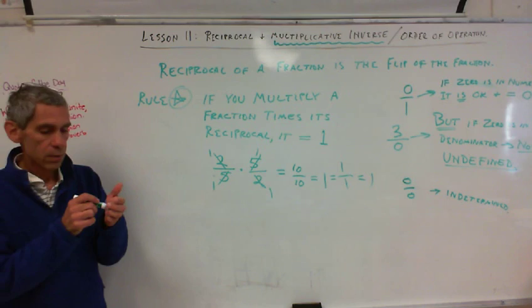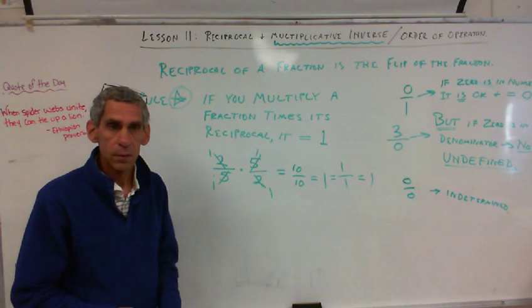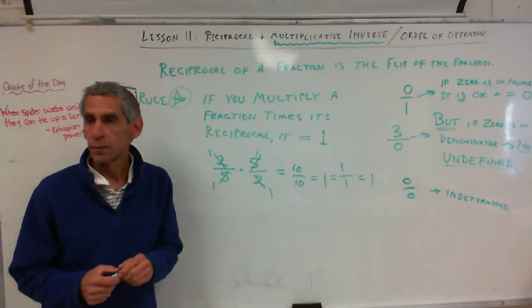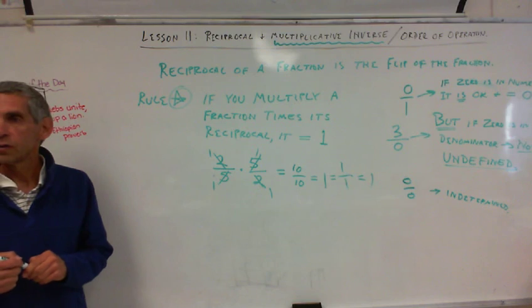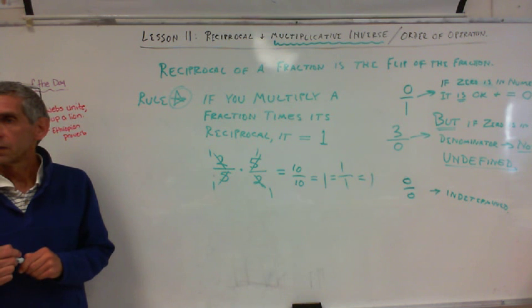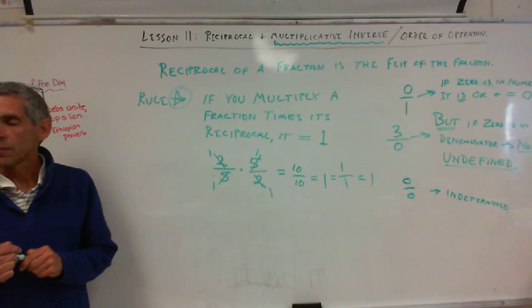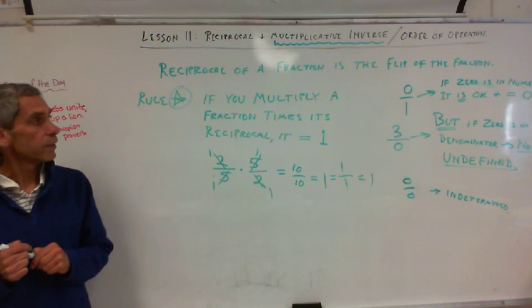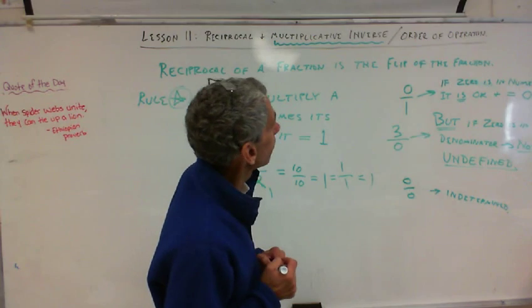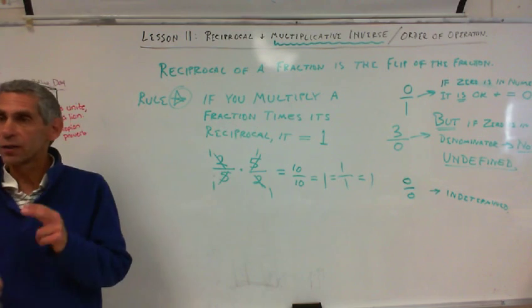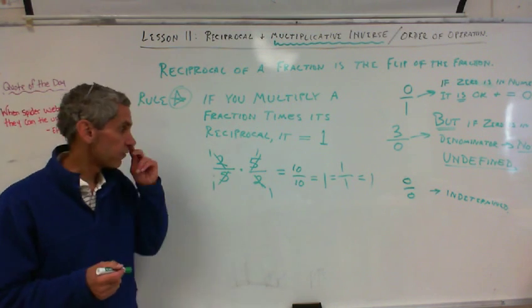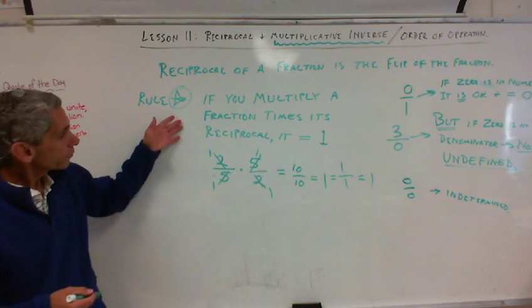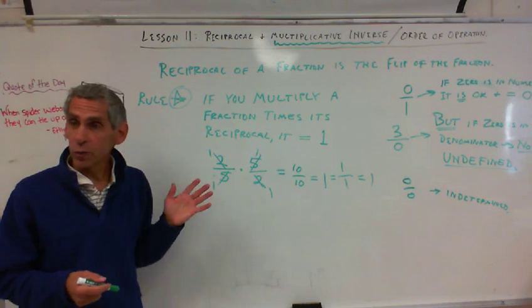The definition of a reciprocal from the book is: for any non-zero real number, the number in its inverted form. Inverted, that's good. The flip of the fraction. I like that word inverted better. This always works.